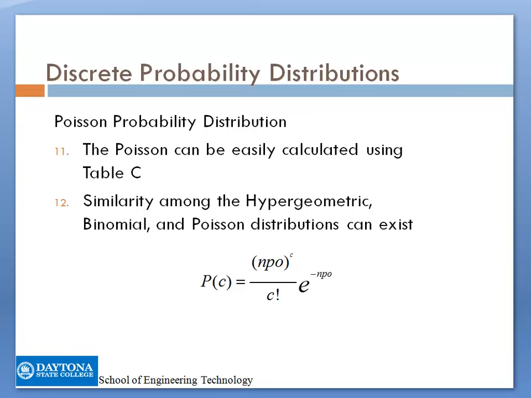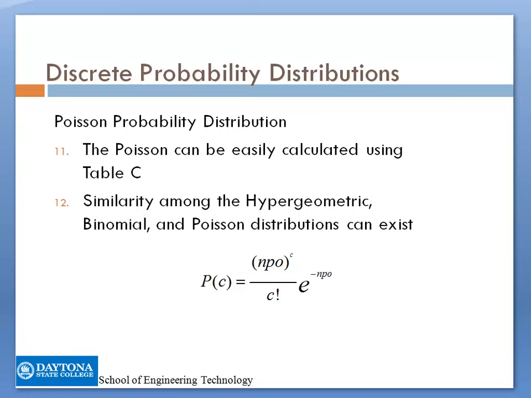So going back to the use of table C, the Poisson can be easily calculated using table C in your appendix, and it has similarity to the hypergeometric and binomial because it is using the same type of components for the calculation.